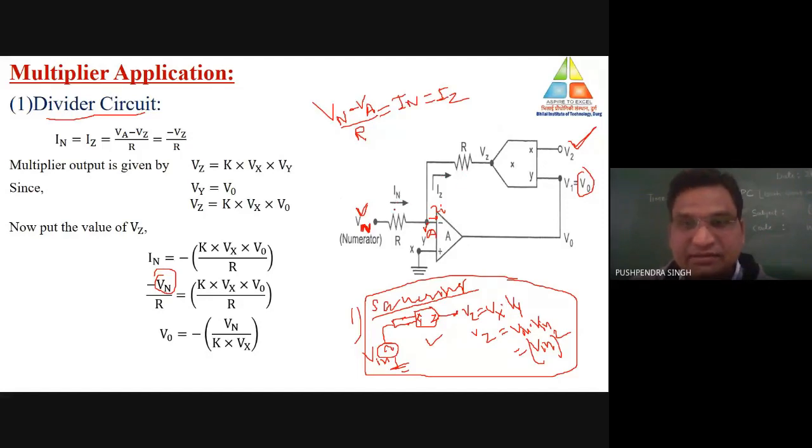And what is In? This current. In is equal to Vn minus Va divided by resistance R. But what is the value of Iz from the circuit? From the circuit, the value of Iz is Va minus Vz divided by R. So with the help of that, we can also derive the value of In and Iz.